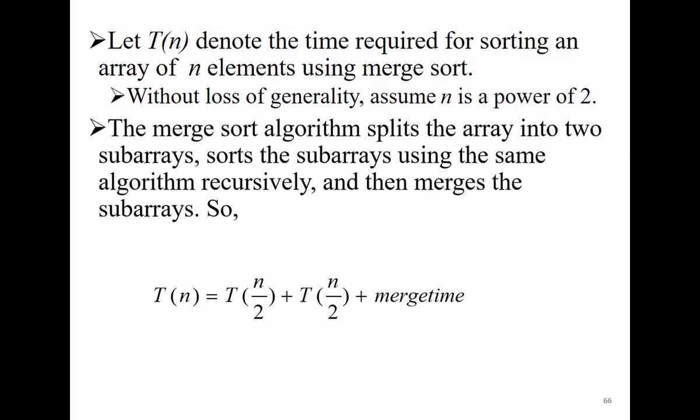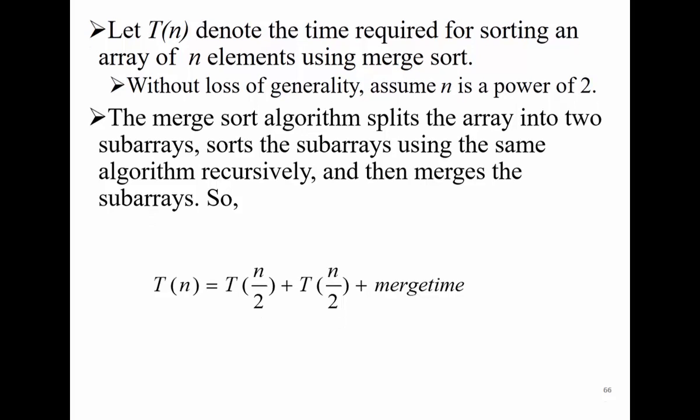You can see here the time complexity T of n to do the merge sort for an array of size n. At each step, we divide the array in 2 halves. So we say if we have a time complexity for n, then it should be equal to the time complexity of n over 2 plus time complexity of n over 2 plus the time to merge these 2 halves together.